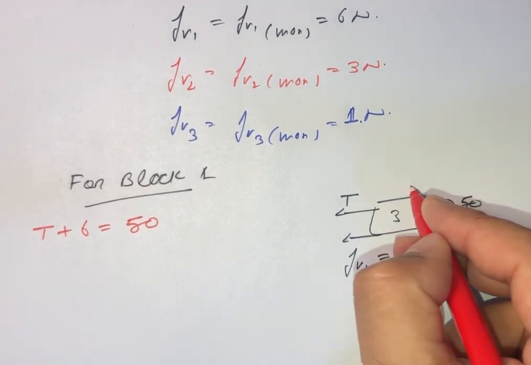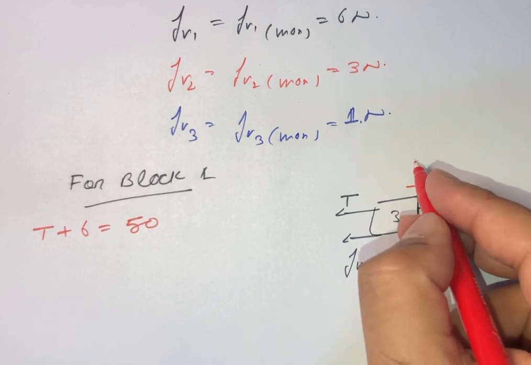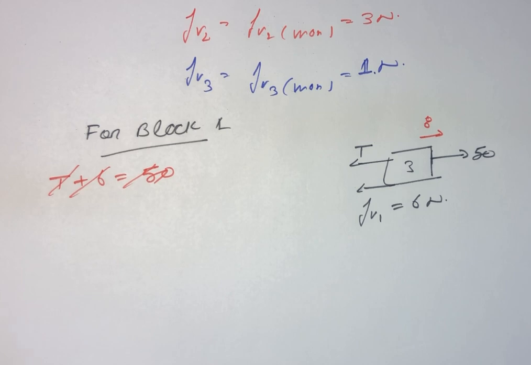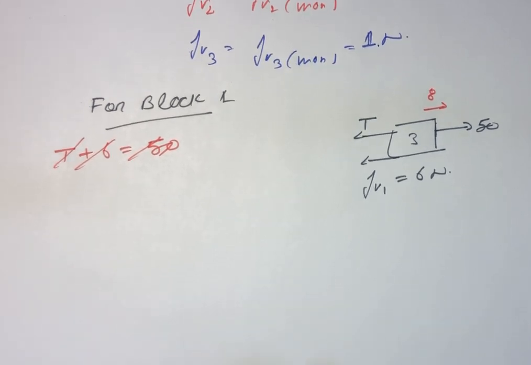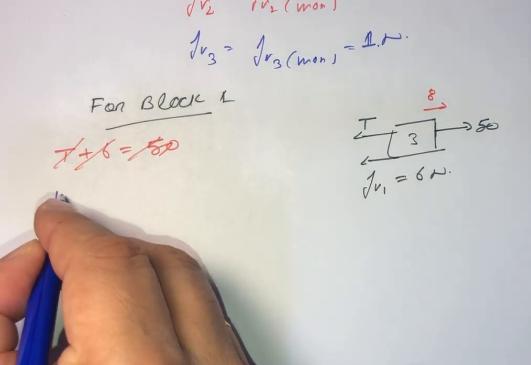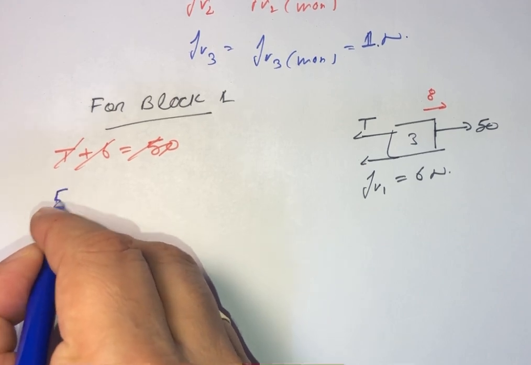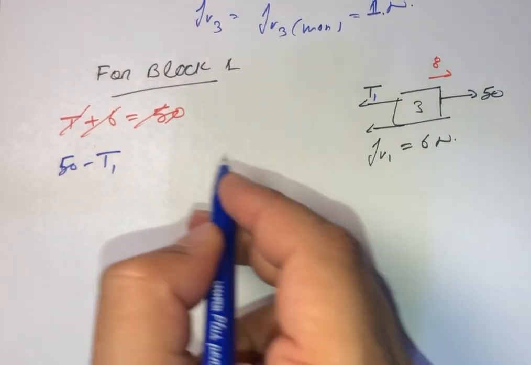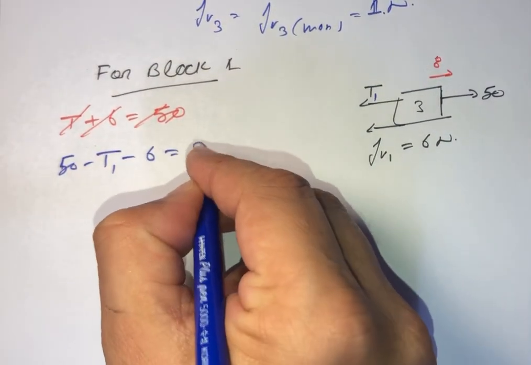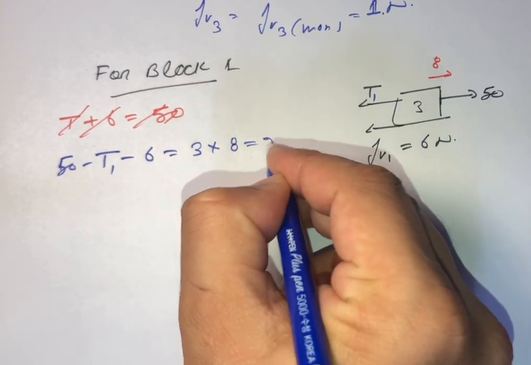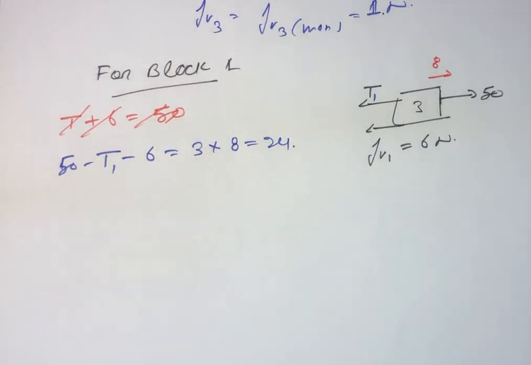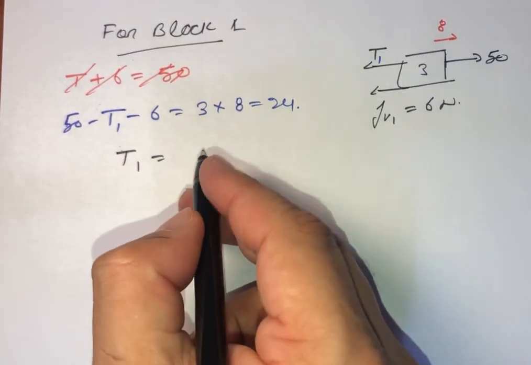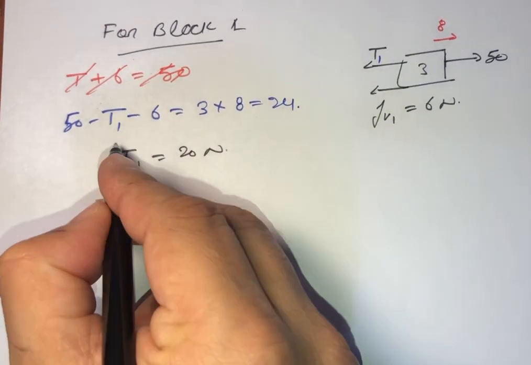Oh, sorry, I missed one thing. The acceleration is present here. My mistake. It is 8. So we can say that 50 minus T, rather T1, minus 6 is equal to 3 into 8, that is equal to 24. From here we can find out our T1. So T1 will be equal to 20 Newton.